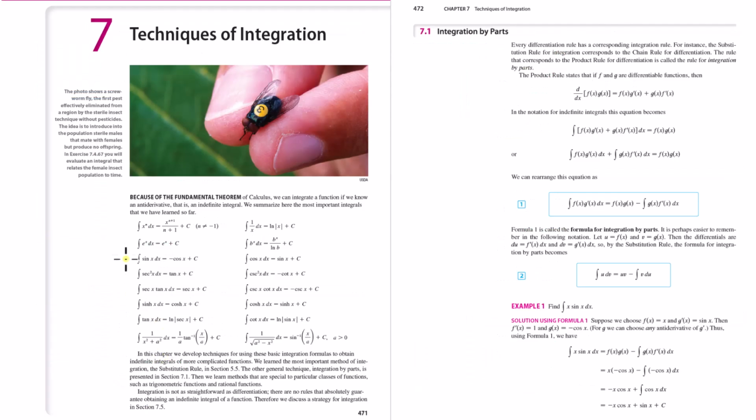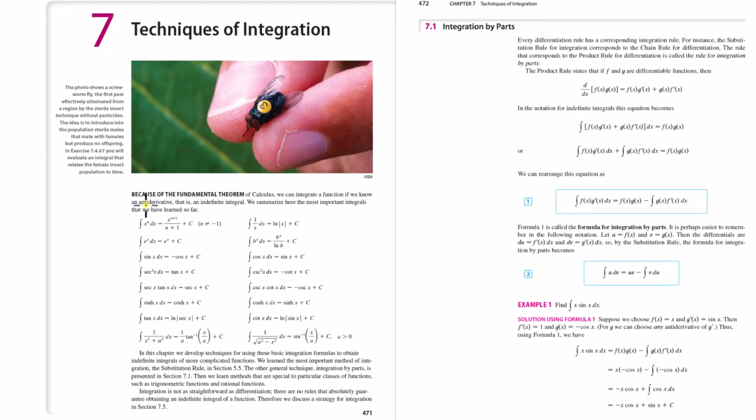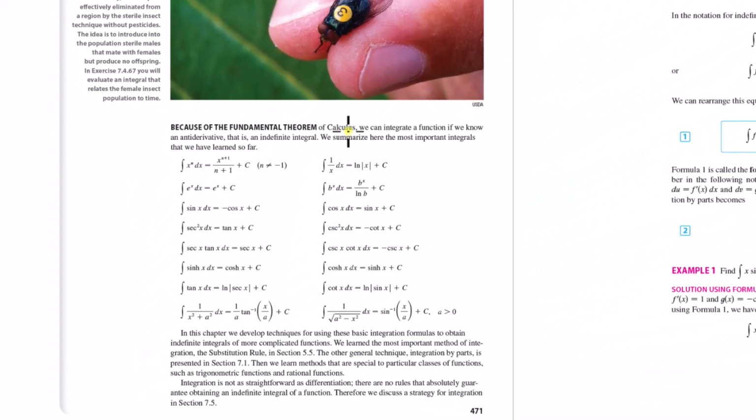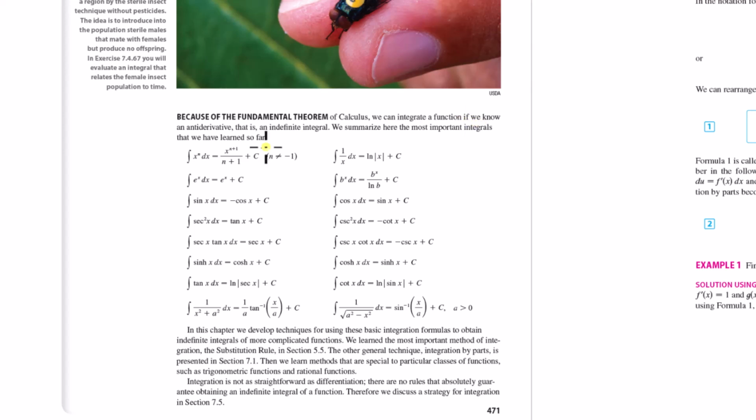Okay, so this chapter opens by giving that table of integrals again. And it says, because of the fundamental theorem of calculus, we can integrate a function if we know an antiderivative, that is, an indefinite integral. We summarize here the most important integrals that we have learned so far.